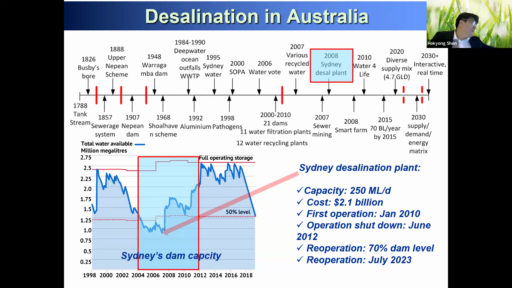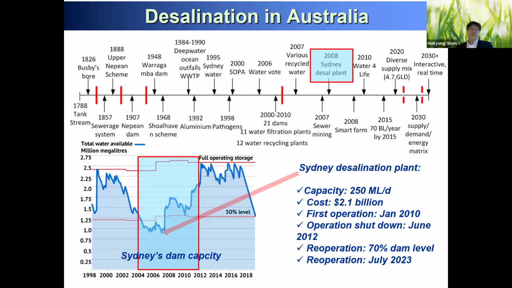But now, even in less than 10 years, we are fully operating as of July 2023. So they already get a lot of profit from this desalination plant. So that's how our desalination plant has a history of sustainable water sources.